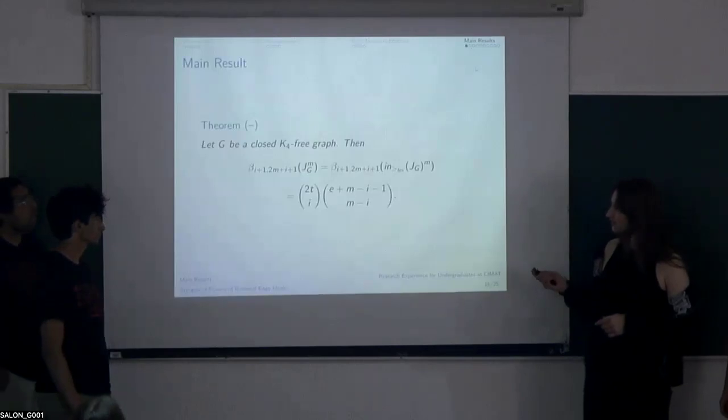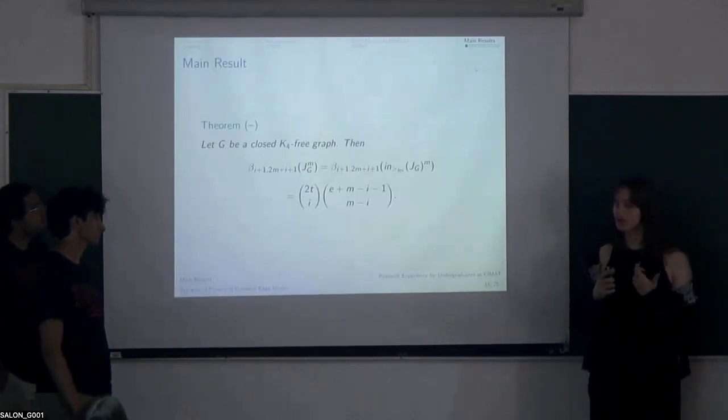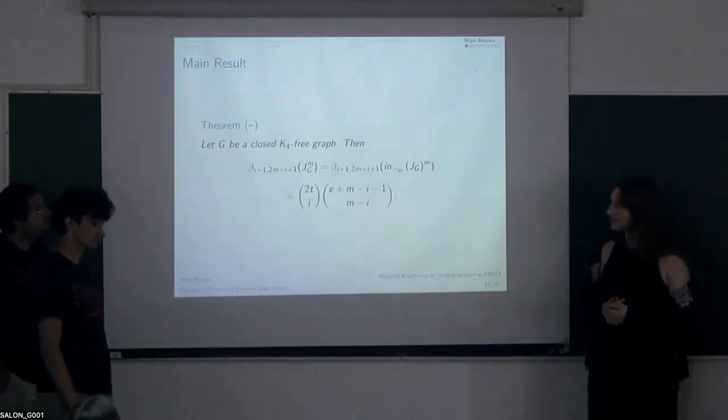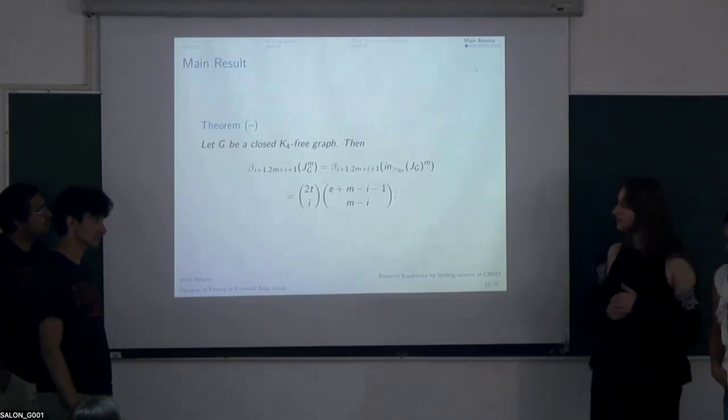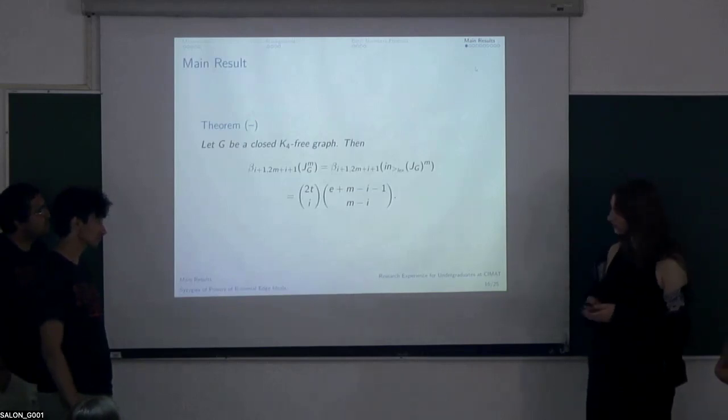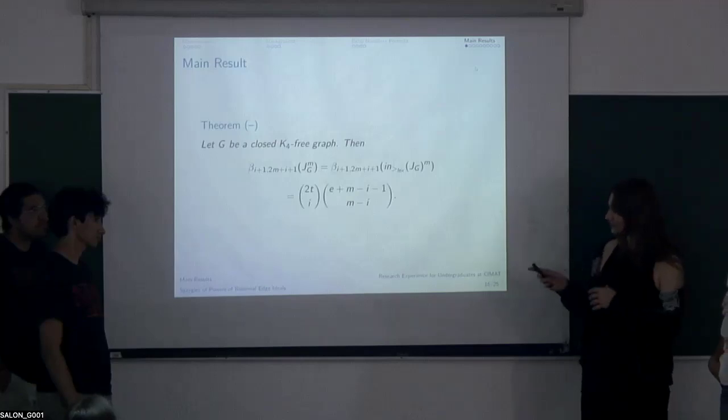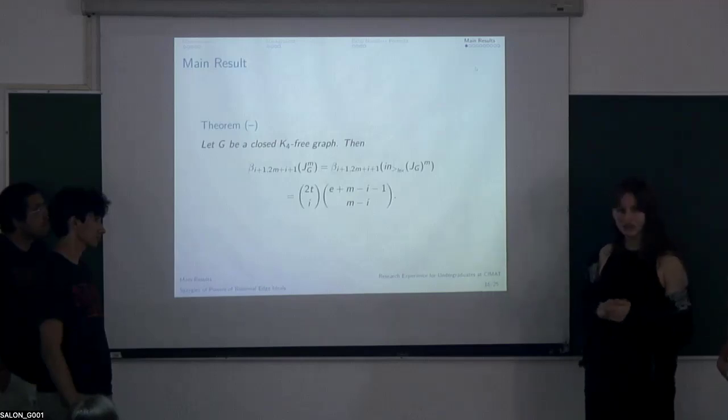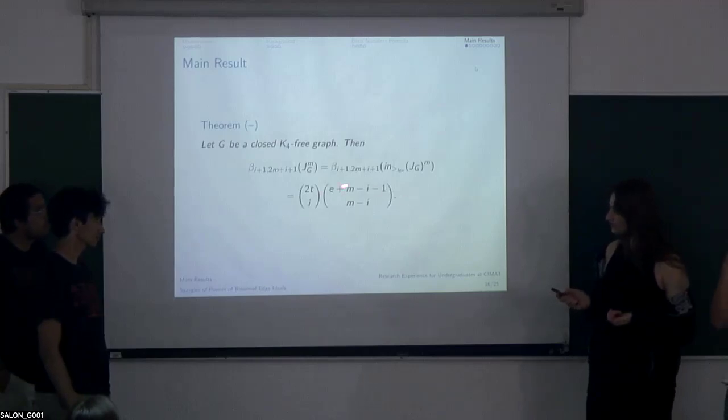As Alicia said, our main result generalizes those formulas. For a K4-free closed graph, not only are the Betti numbers the same in these coefficients for JG to the M and the initial ideal of JG to the M, we also have that they are explicitly equal to this combinatorial formula.